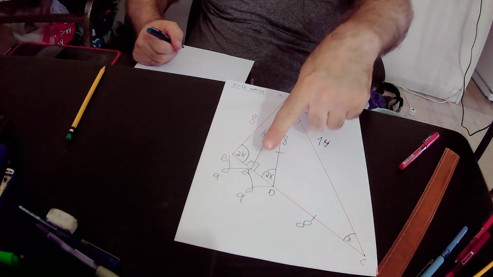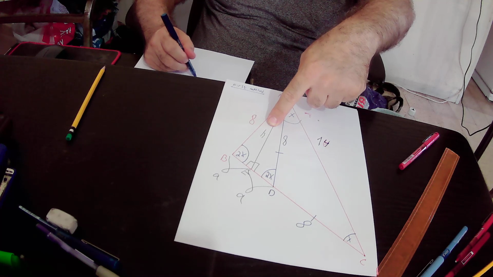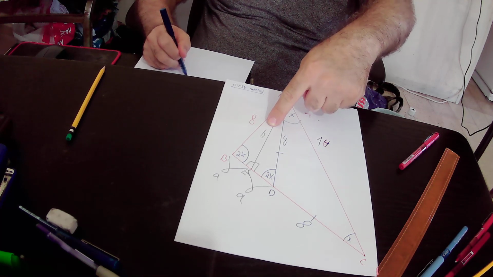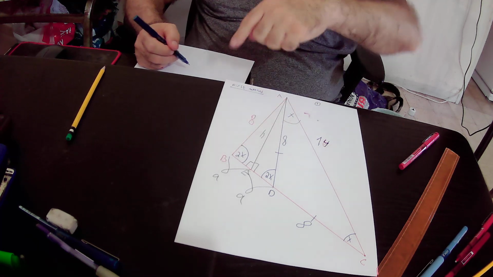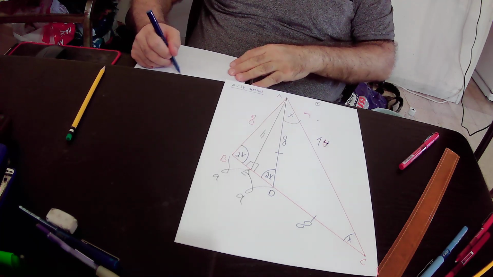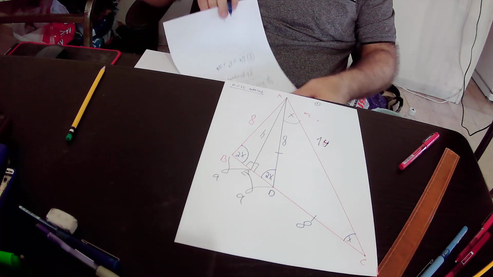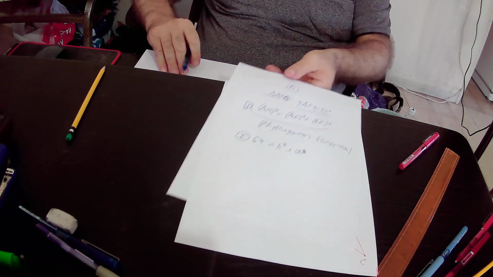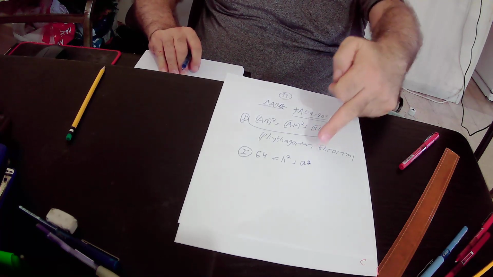What is the value of AE? AE equals h according to our definition. So AE squared is h squared, plus BE squared. BE equals A, so BE squared is A squared. So in total we got that 64 equals h squared plus A squared.